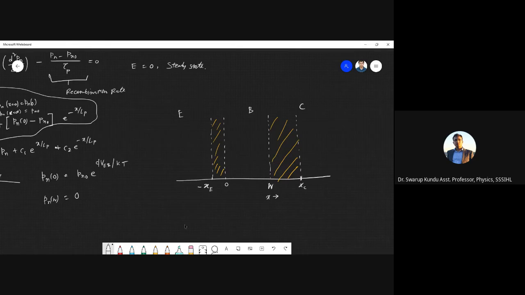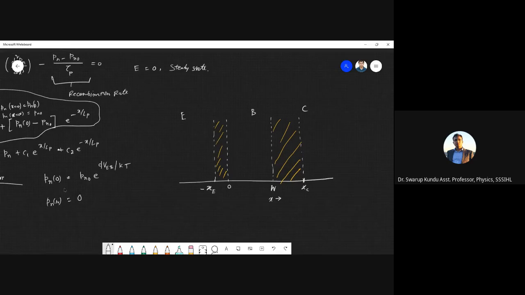Okay, now coming to Pn0. So we are in the base region. So Pn0 is the hole concentration at X equal to 0.